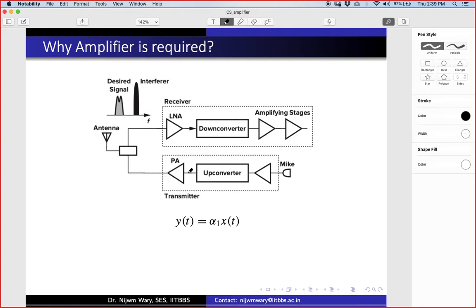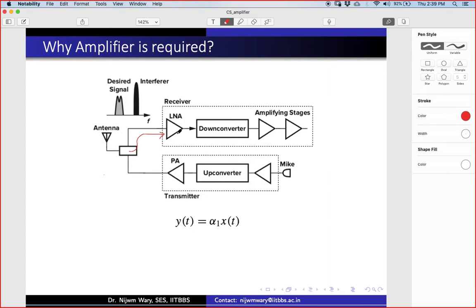So here my main focus is getting the power as high as possible, right? The other thing is, when I'm receiving, you can see here, I need a different kind of amplifier. Although it's an amplifier design, the characteristics are different and the requirements are also different. So if I'm receiving the signal, I have a low noise amplifier.